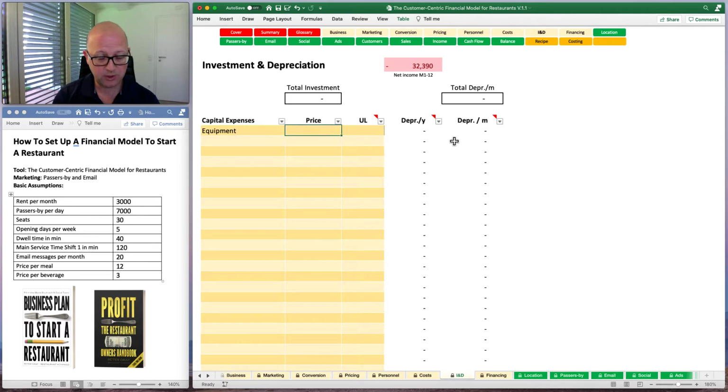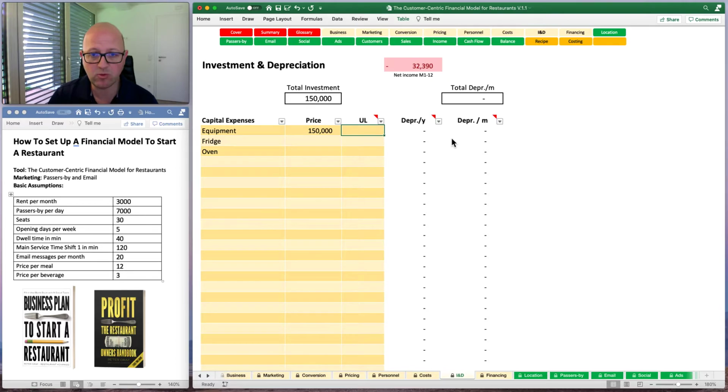Equipment, I just sum it up and I guess that we are spending $150,000. So now we have a total investment of $150,000. Of course, you can do this in detail and write the fridge and the oven and whatever, and put in the price and the useful life.